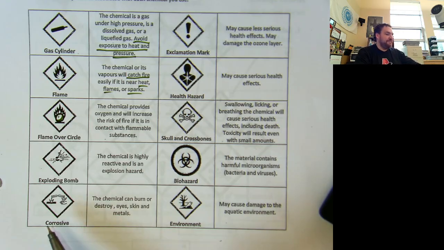Yes, an acid. We have 3 labs, 2 for sure, maybe 3 labs, dedicated just to working with acids. Acids are corrosive. Given time and strength, they will burn through skin and basically whatever else you put them in contact with. That's what this symbol means.